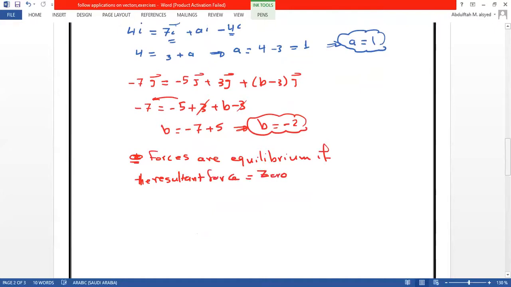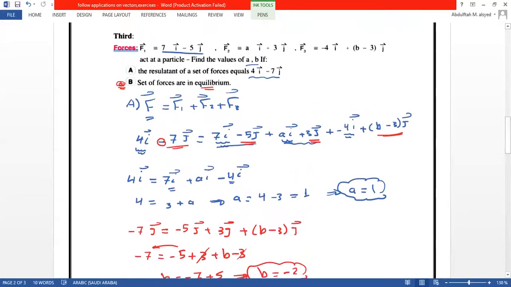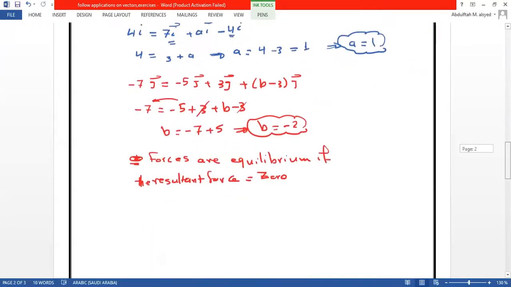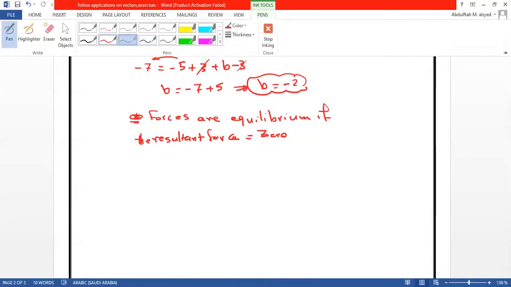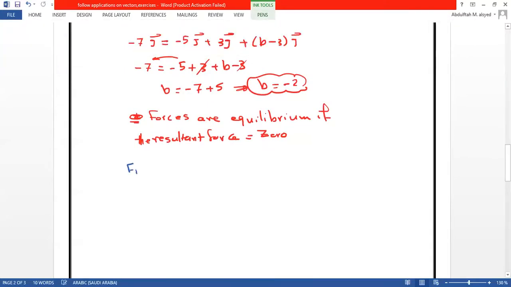So the sum of all forces equals 0. So F1 plus F2 plus F3 equals 0.